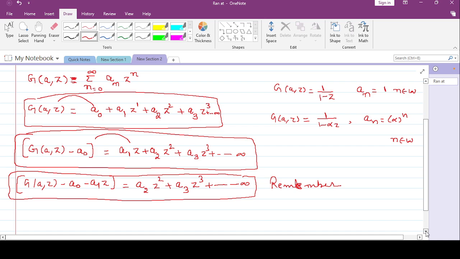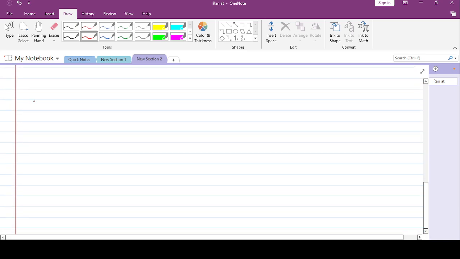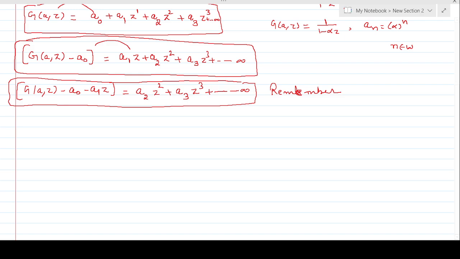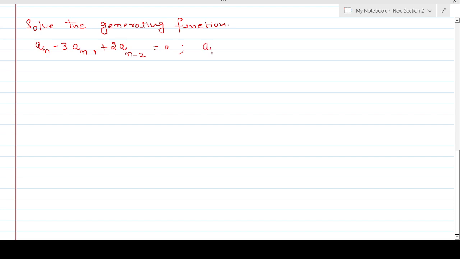Okay, so now we start solving the question. The question is this: solve the generating function a_n minus 3 times a_(n-1) plus 2 times a_(n-2) equal to 0, with a0 equal to 0 and a1 equal to 1.